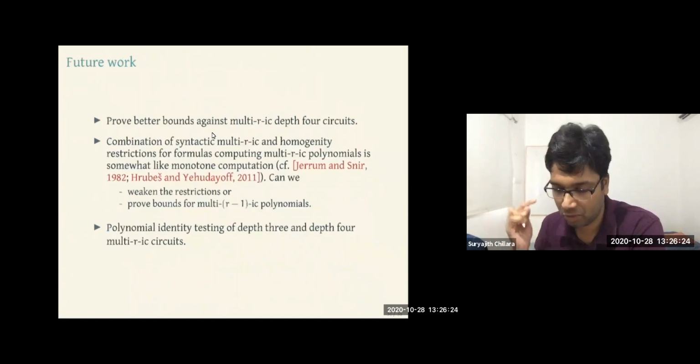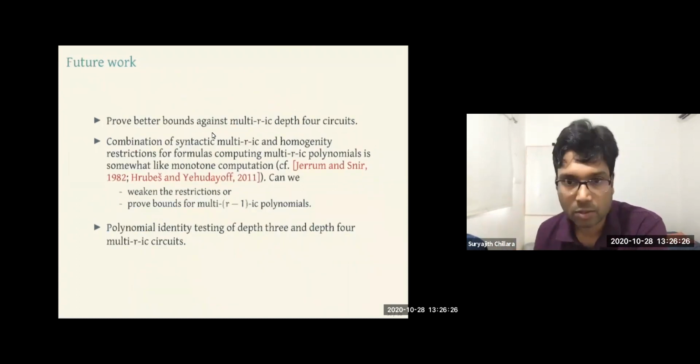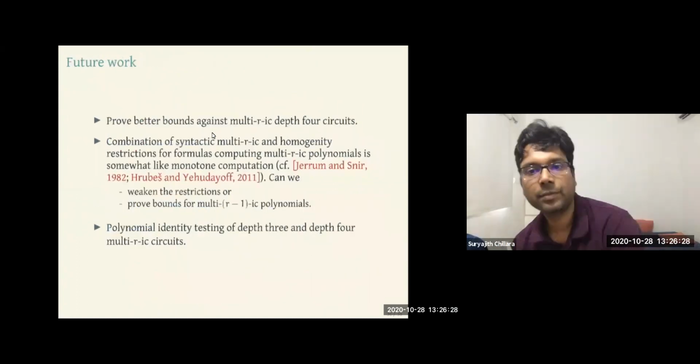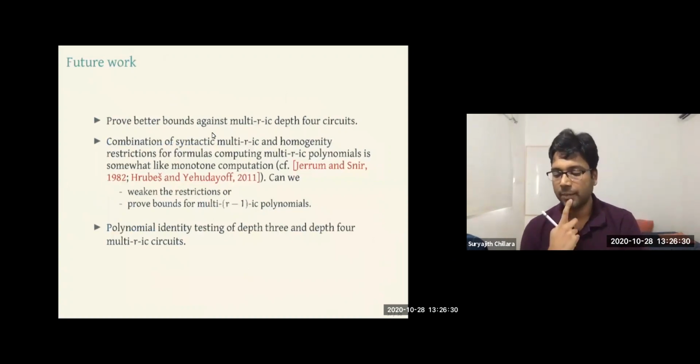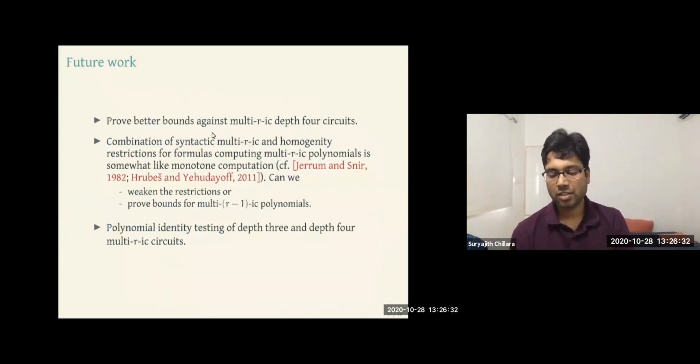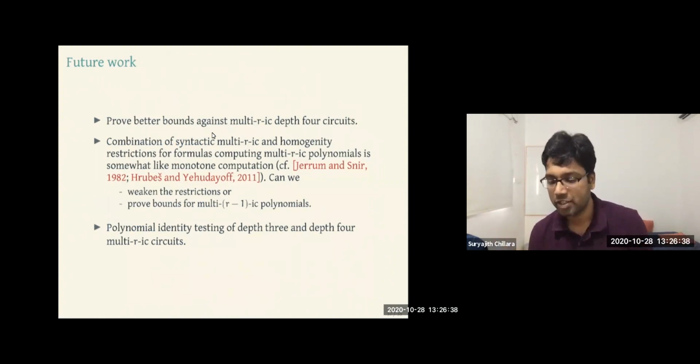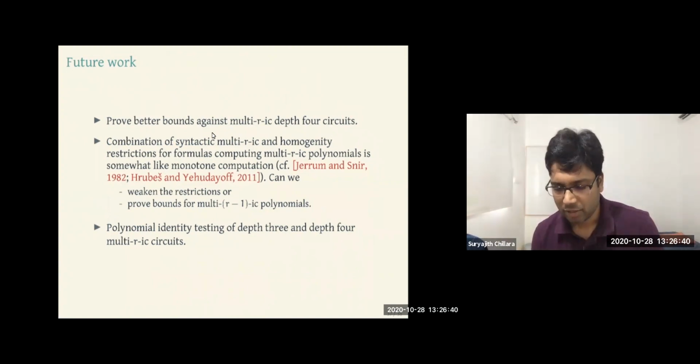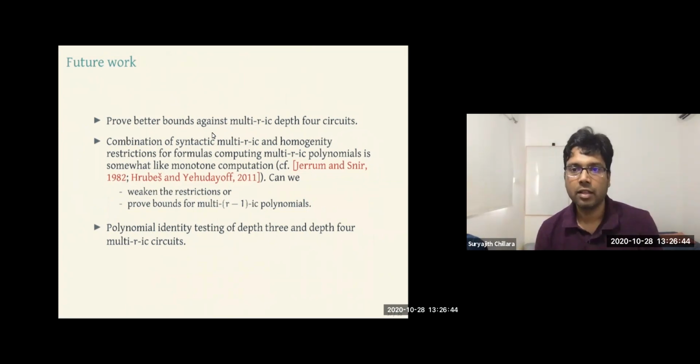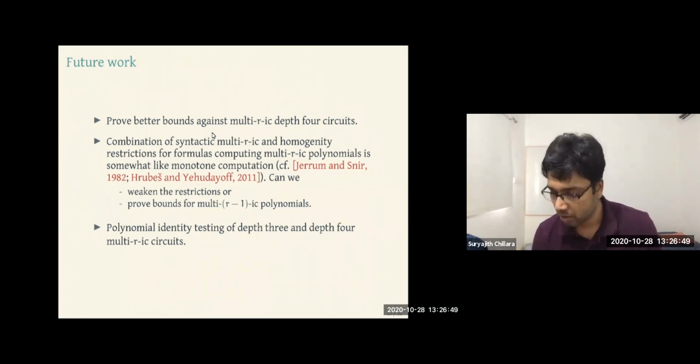So what is the further work? Of course, you want to prove better lower bounds against multi-arity depth 4 circuits. There is one thing I've mentioned, the result in the multi-arity setting where homogeneous formula lower bounds are shown.